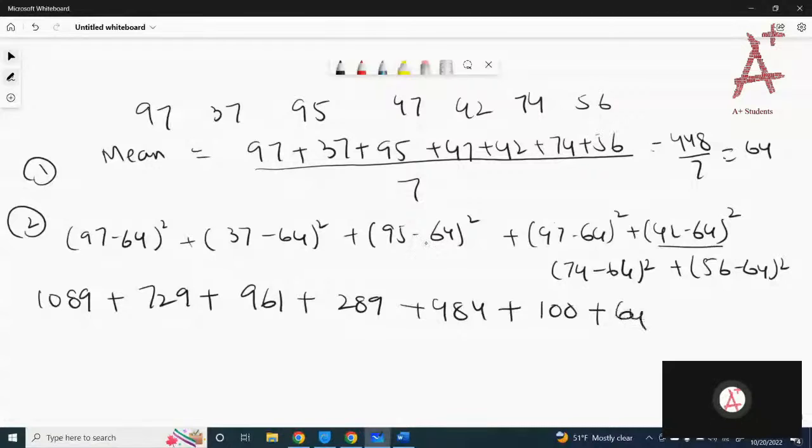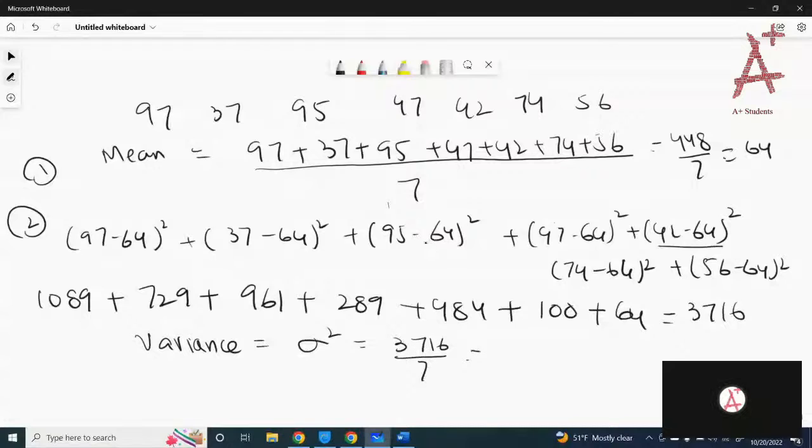squared is 64. So add all the values: 1089 plus 729 plus 961 plus 289 plus 484 plus 100 plus 64. So the sum equals 3716, and for the variance just divide the sum by 7.